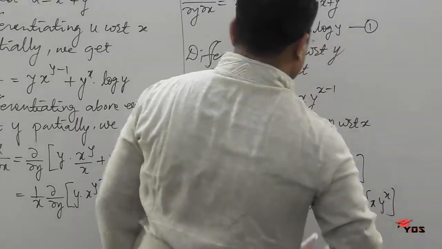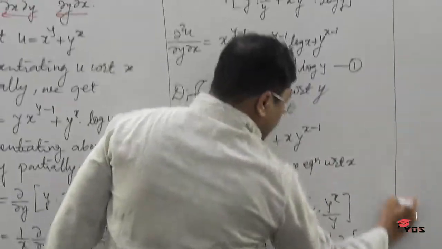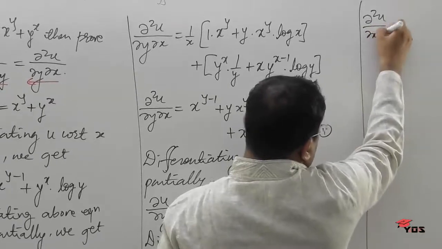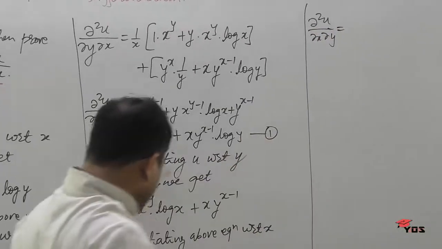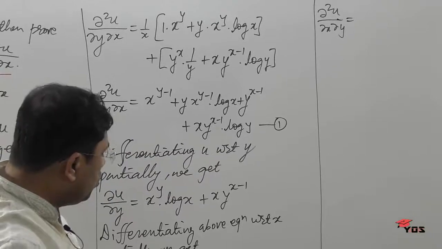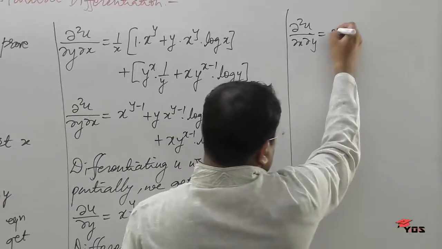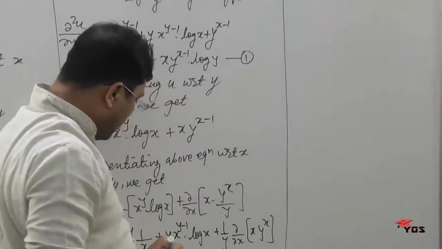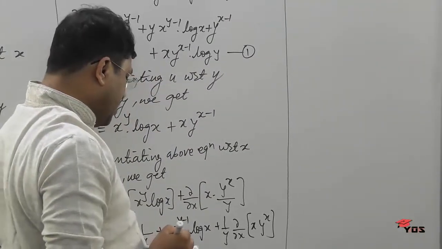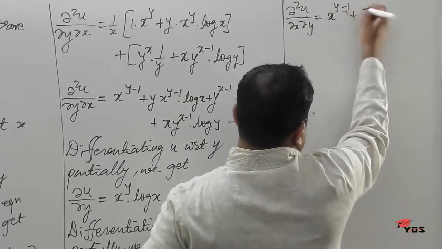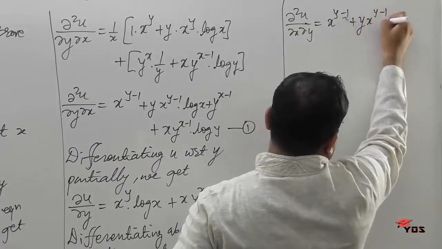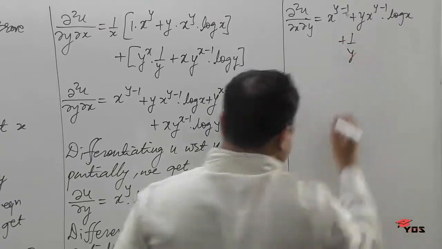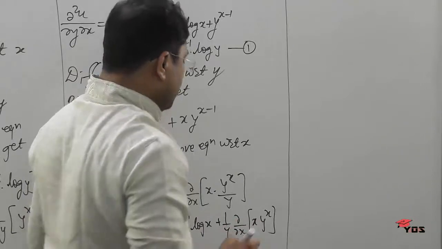Now if we simplify these terms, what we have is ∂²u/∂x∂y is equal to, so here this term will be x raised to y minus 1, plus this term we have y x raised to y minus 1 into log x, plus this term is going to be 1 by y and the derivative of this term.